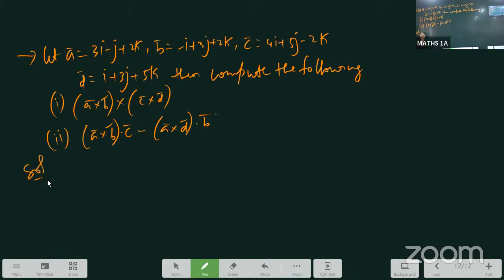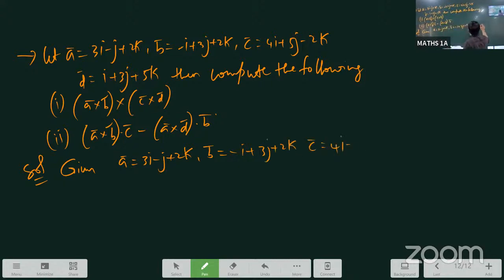See the solution. What is given? A bar is 3i minus j plus 2k. Your B bar is minus i plus 3j plus 2k. Your C bar is 4i plus 5j minus 2k. And your D bar is i plus 3j plus 5k.